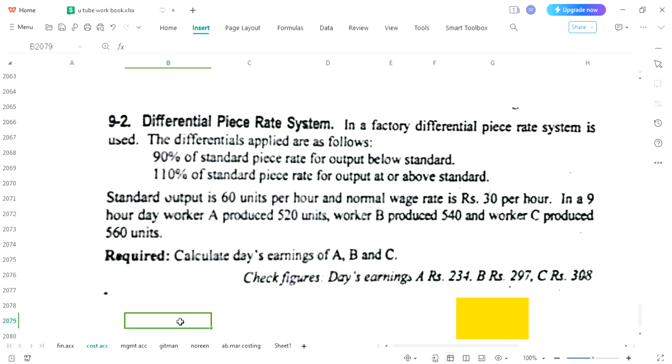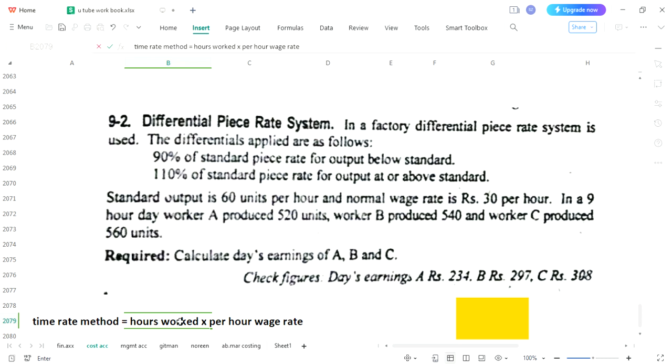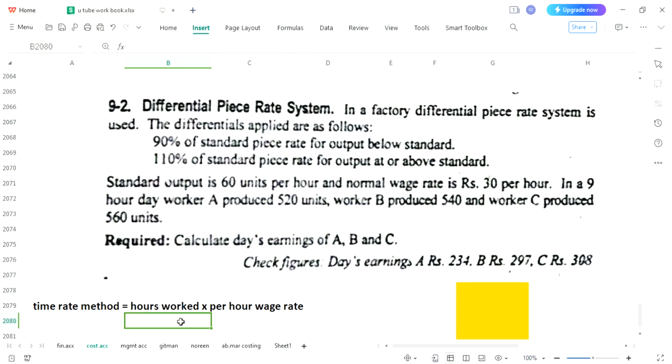First is time rate method, where we use how many hours a worker worked and we will pay them according to per hour wage rate. This is the simple thing. If some worker had worked for 8 hours and per hour is 100, we will pay them $800.